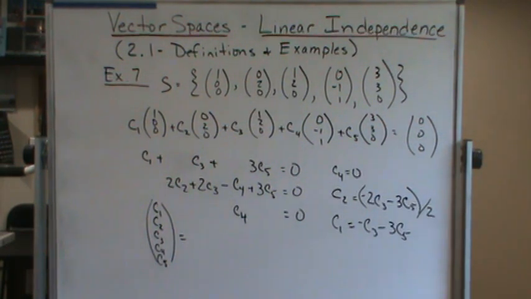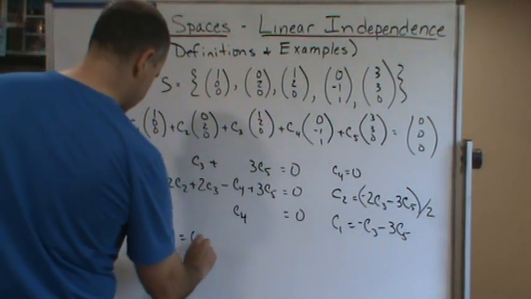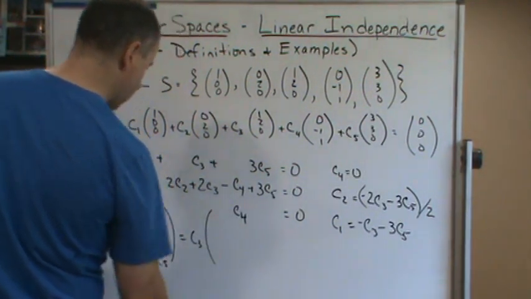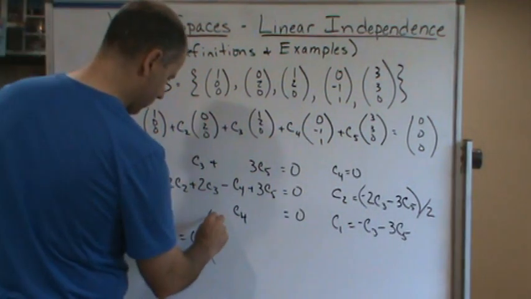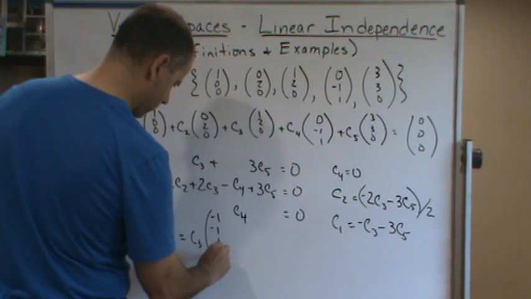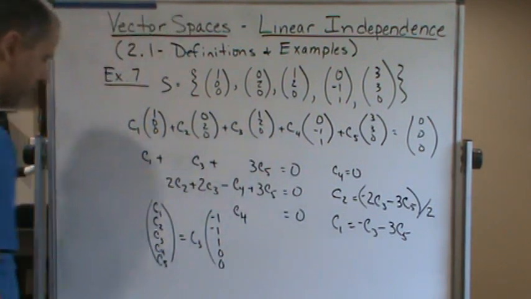So it's going to be C3 times (-1, -1, 1, 0, 0).